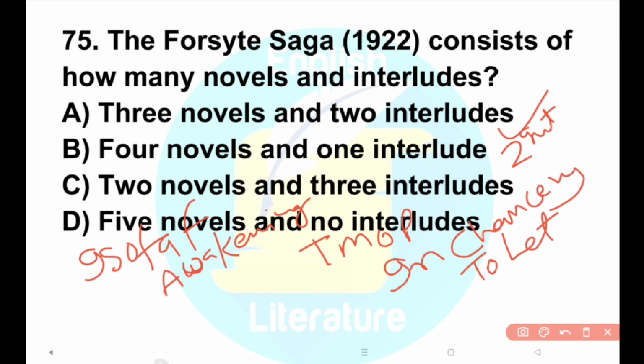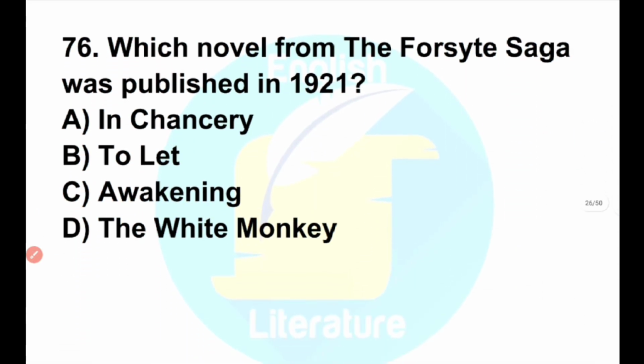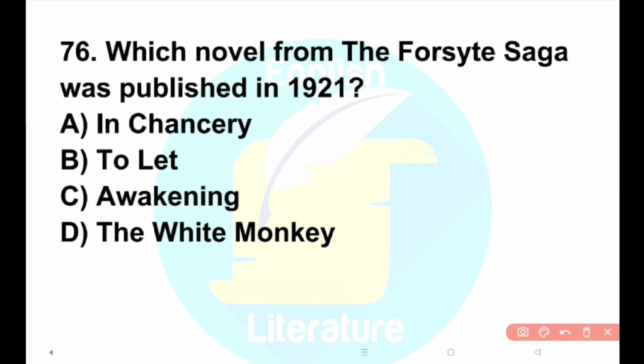Next, which novel from the Forsyte Saga was published in 1921? Option B, To Let.